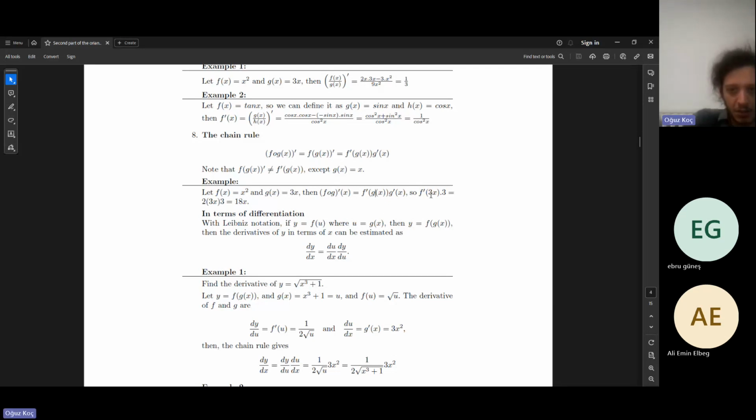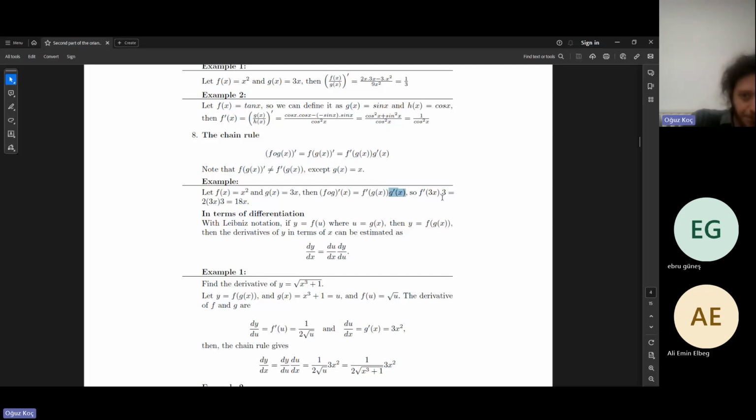So we need to calculate the derivative of function f when the x here is replaced with 3 times x, which is g of x, times 3. The times 3 is coming from the derivative of g of x here.